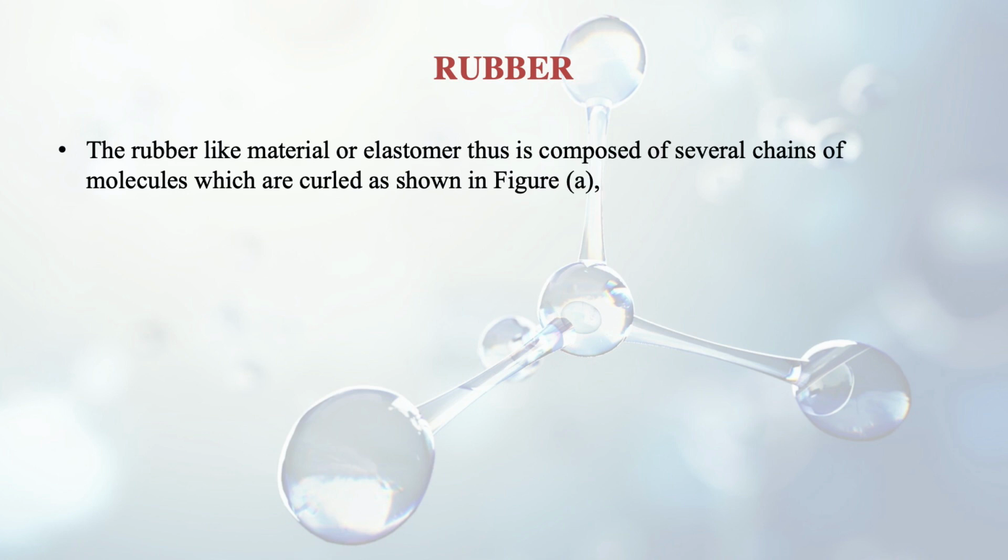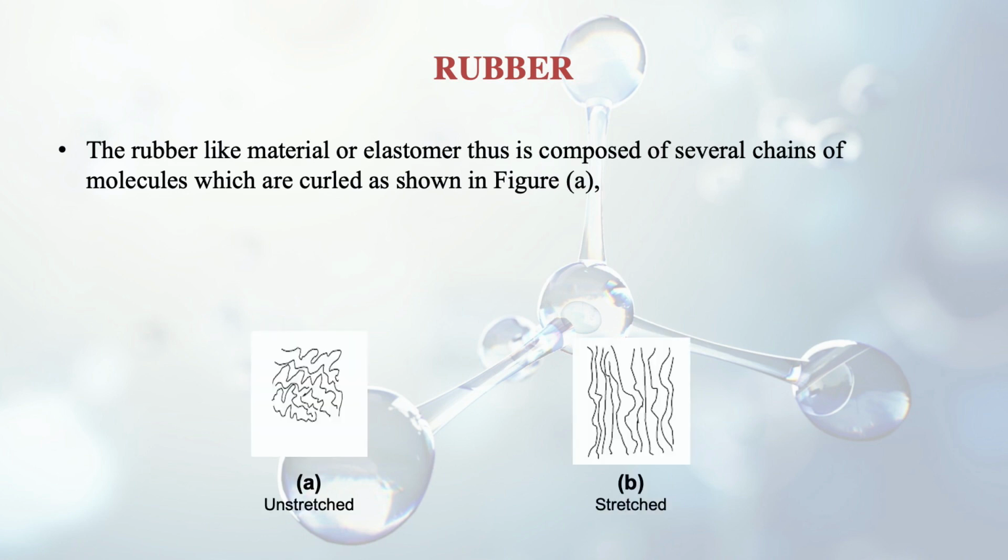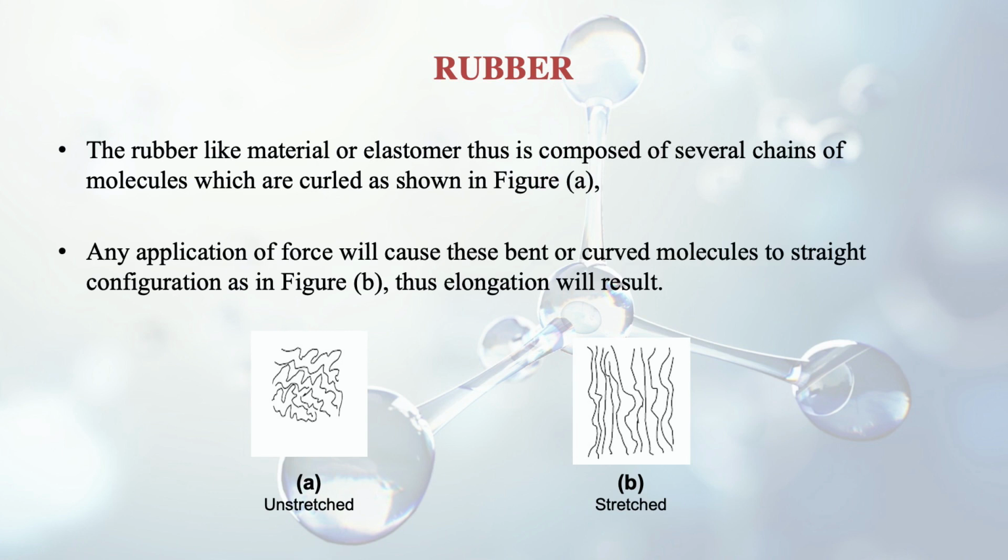This rubber-like material, or the elastomer, is thus composed of several chains of molecules which are curled, as shown in figure A. You can see there, this is the unstretched type. They are curled with each other. And any application of force on this curled structure will cause the bent or curled molecules to straighten up.